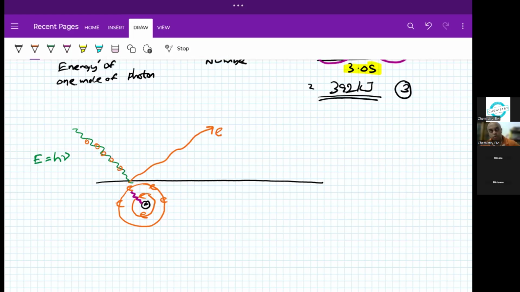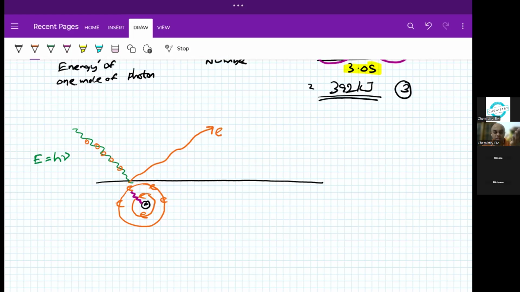So when you place a metal in the sunlight, if the energy coming from the sunlight is enough to eject this electron or overcome this attraction, then electrons can be ejected. Then this electron is also having energy, because we know electron has dual particle nature.